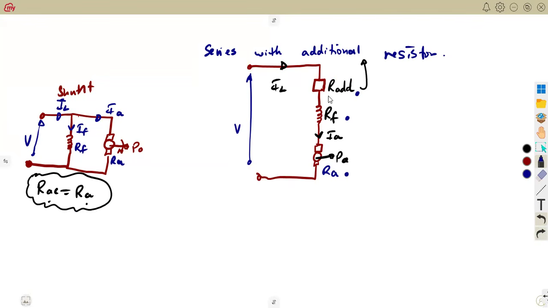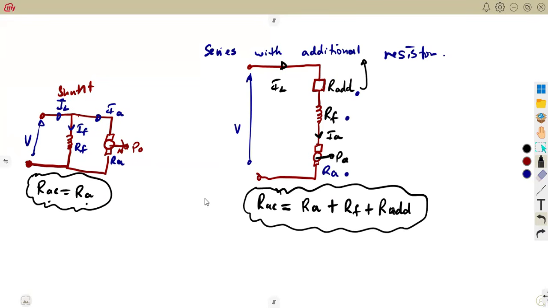So where the armature current is flowing, that's where we are talking about the resistance of the armature circuit. We have to consider that all these resistors are in series. We have to add Ra plus the resistance of the field plus the additional resistor connected in series. So this is going to give us the resistance of the armature circuit.